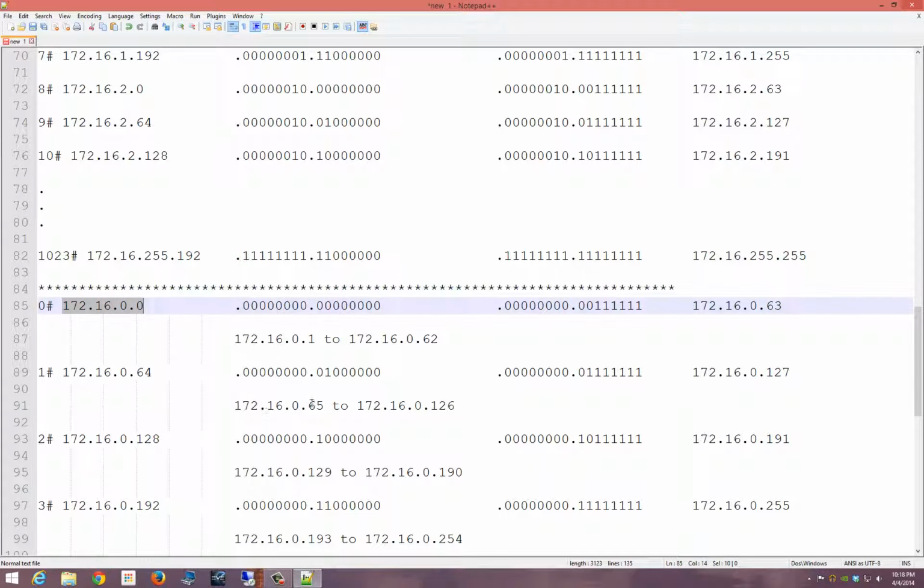So now we have our subnet address, our broadcast address, and range of usable IPs for each subnet.